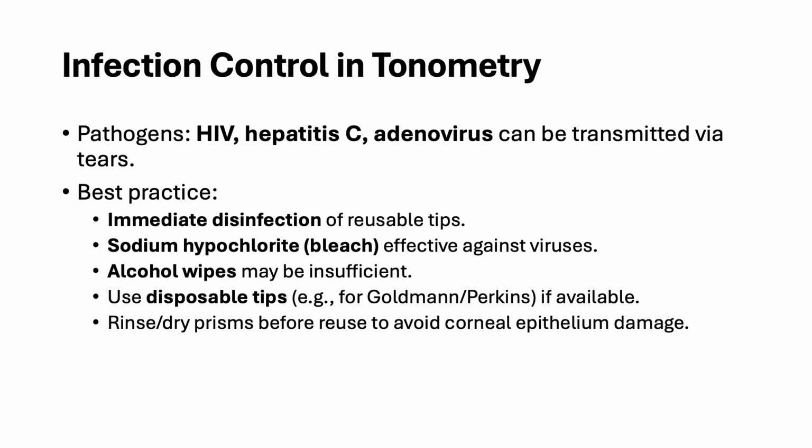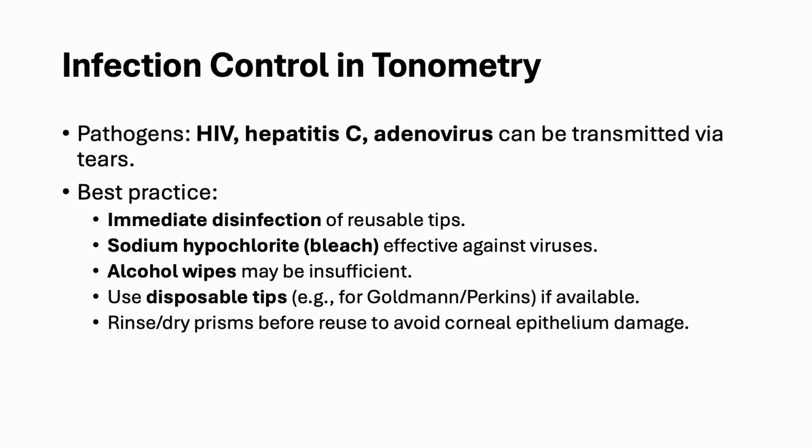As we wrap up the discussion on tonometry techniques, it's essential to highlight infection control, given the close contact these devices have with the eye. Several pathogens, including HIV, hepatitis C, and adenovirus, can be transmitted through tears, so strict disinfection practices are a must. The best practice includes immediate disinfection of any reusable tips, ideally using sodium hypochlorite, or bleach, which has proven effectiveness against viruses.